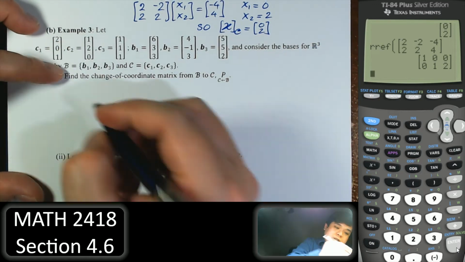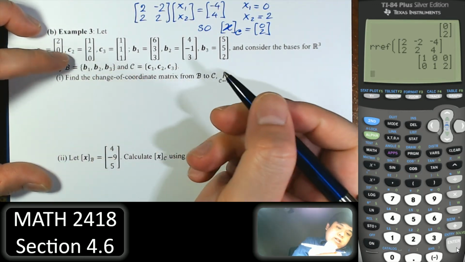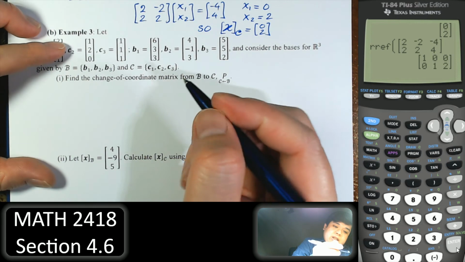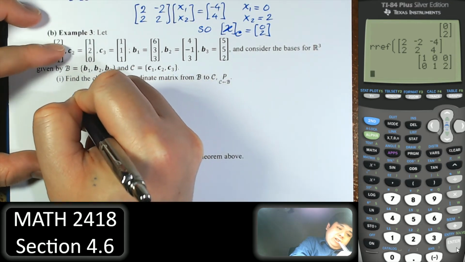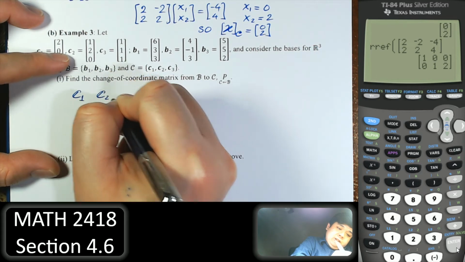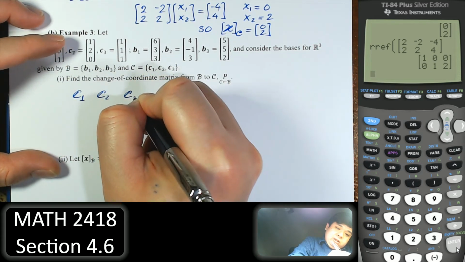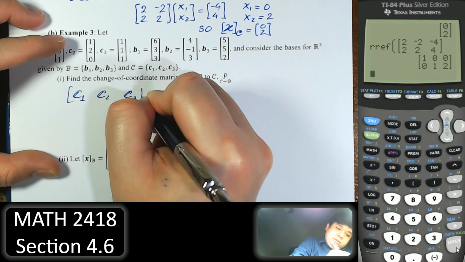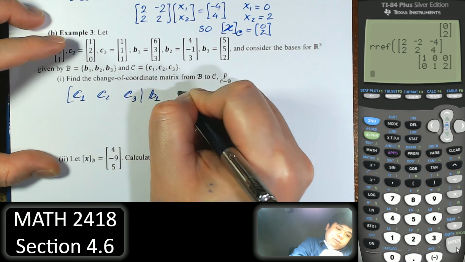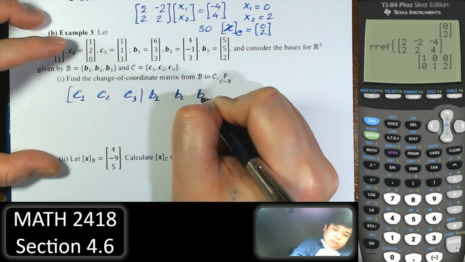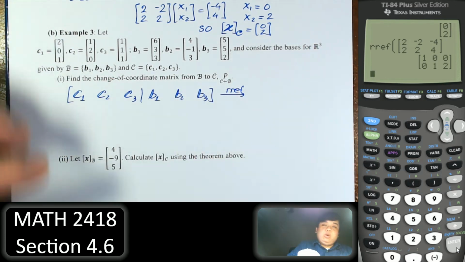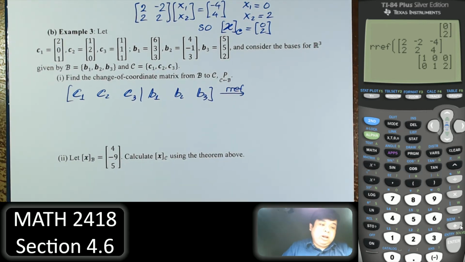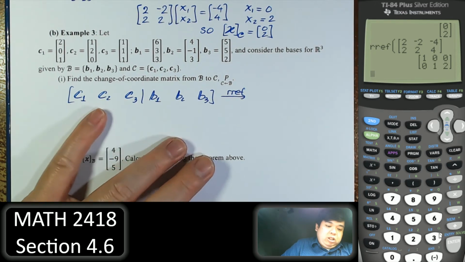So what we do is put it from B to C, so this is the order. I'm not going to write the matrix again because we know which one is C1, C2, C3, and so on.